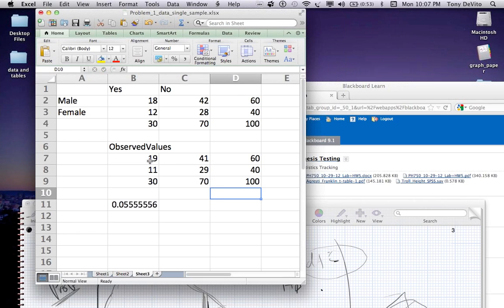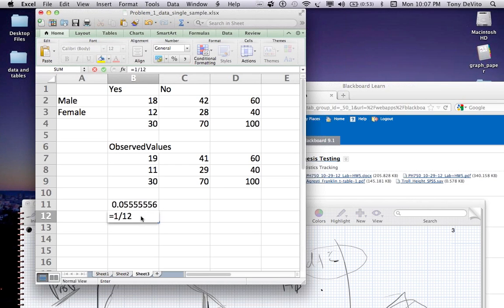Okay, so you're right, 11. Thank you. This is 19 minus 1. 11 minus 12 squared is 1, divided by my expected value of 12, equals 1 divided by 12.